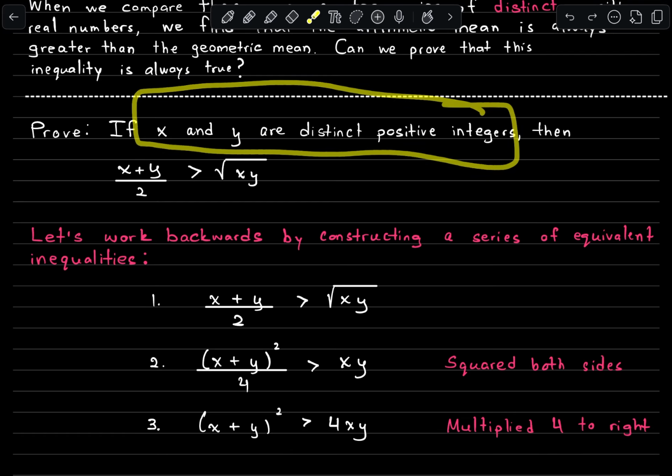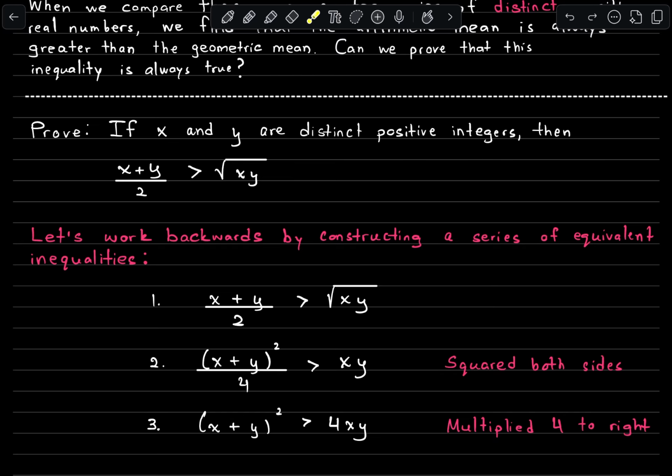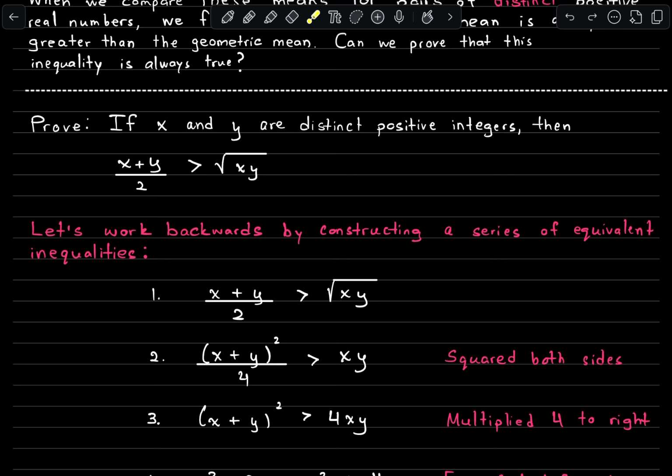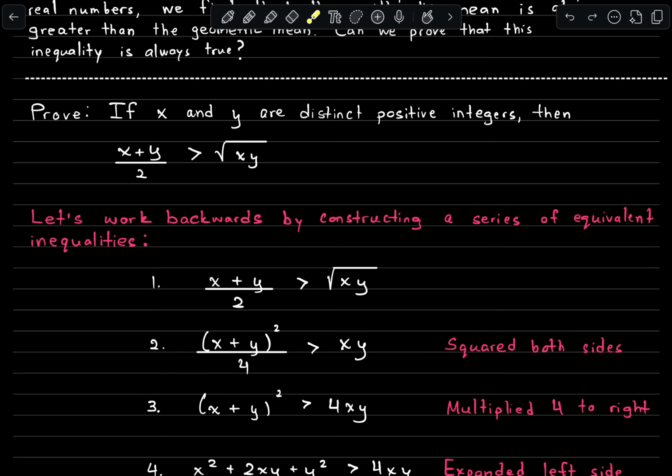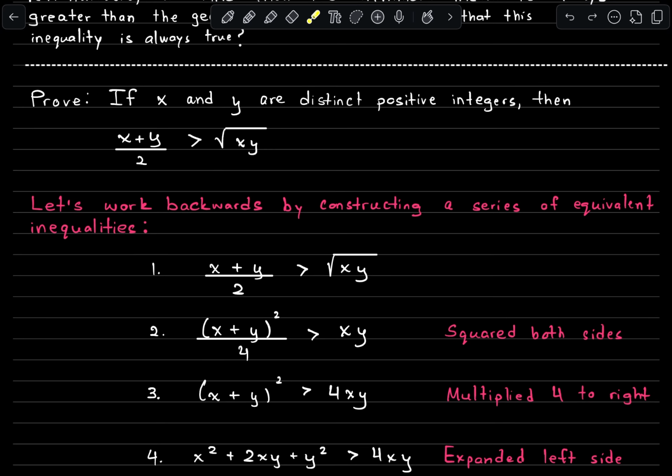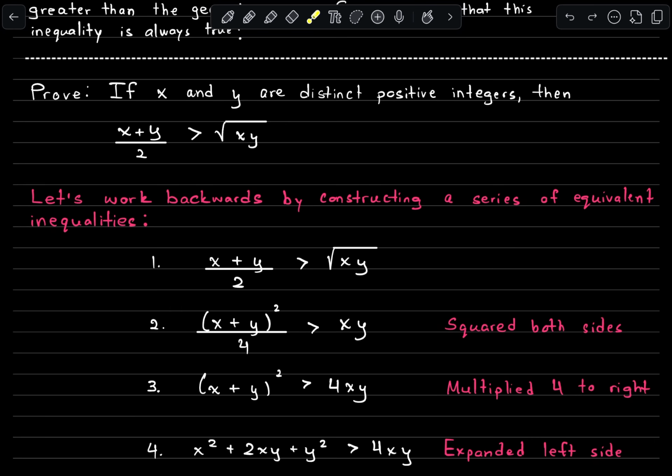Ideally, we want to show somehow that x and y are distinct positive numbers. Next, we expand this square. We can FOIL this out. We get x squared plus 2xy plus y squared is greater than 4xy.